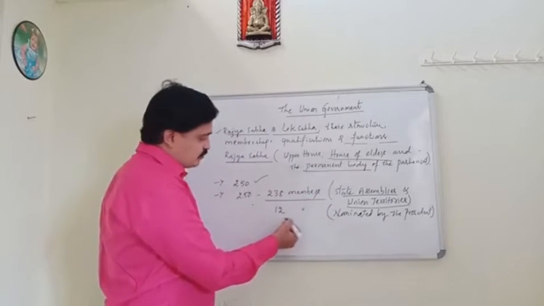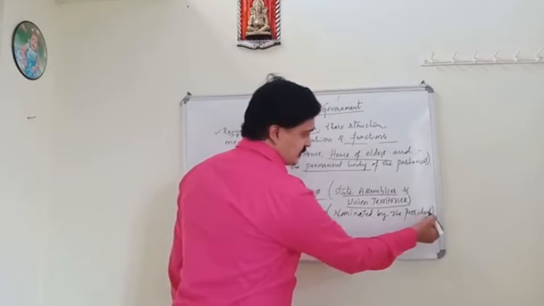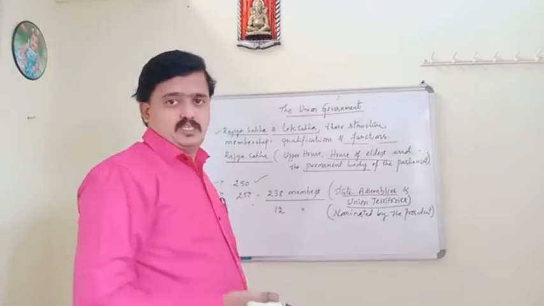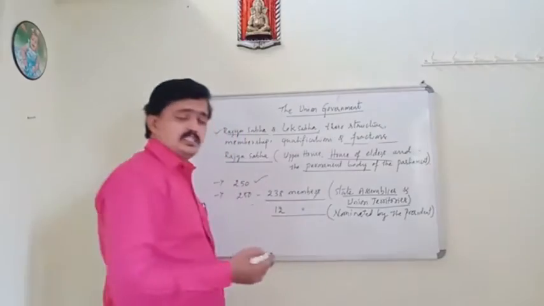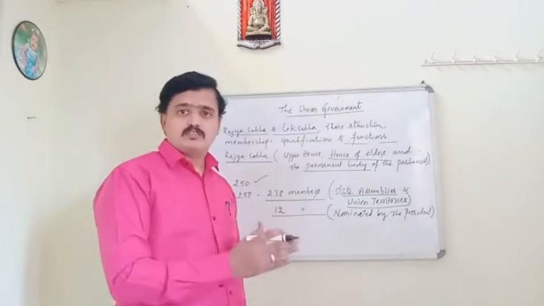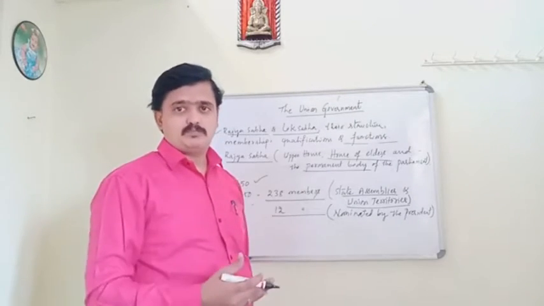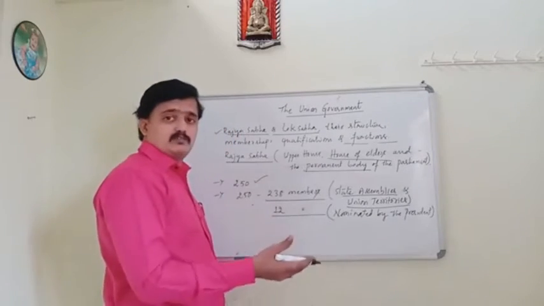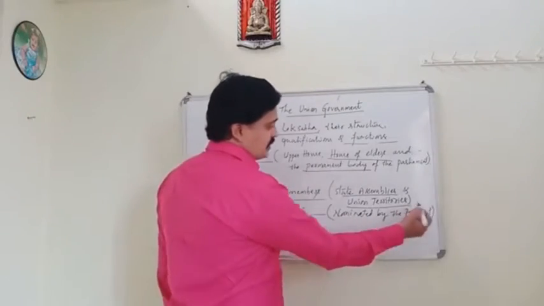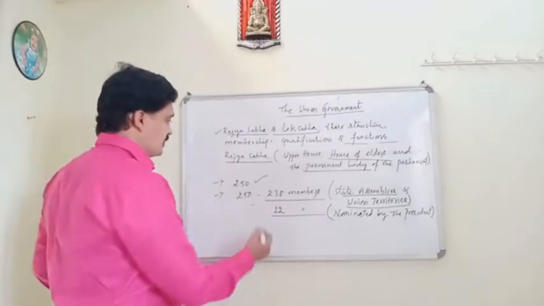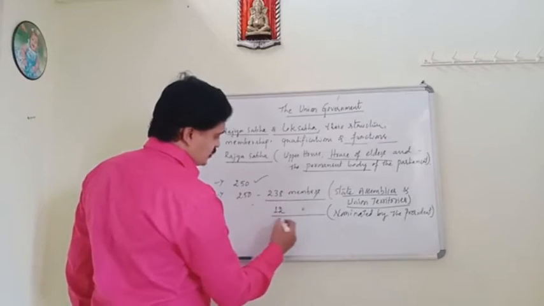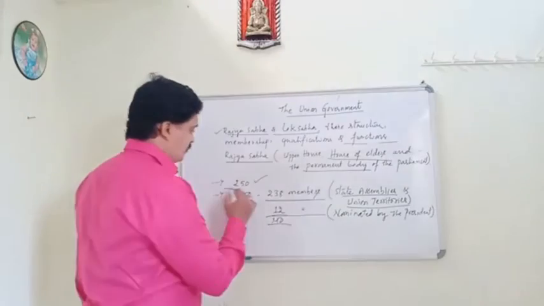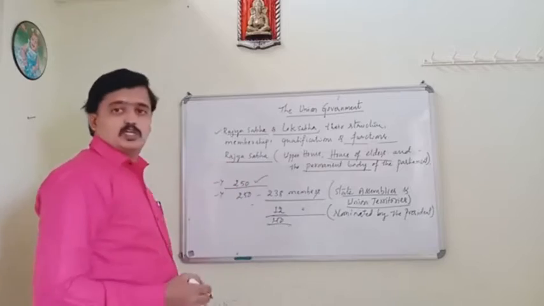How many members? 12 members are nominated by the president who are experts in various fields like science and technology, arts, literature, etc. Those who are experts in those fields are nominated by the president. So 238 plus 12 becomes 250 members. The number of seats of the Rajya Sabha is 250.